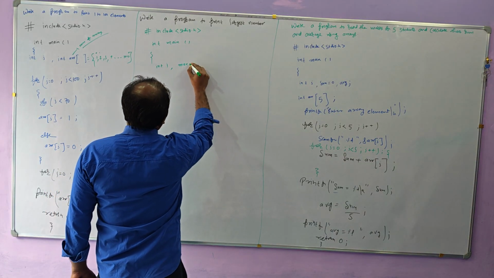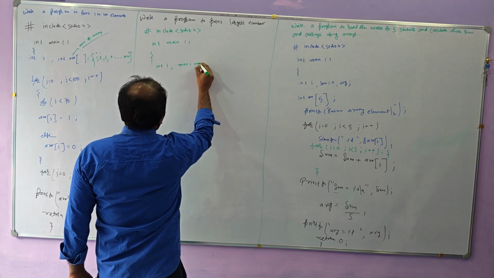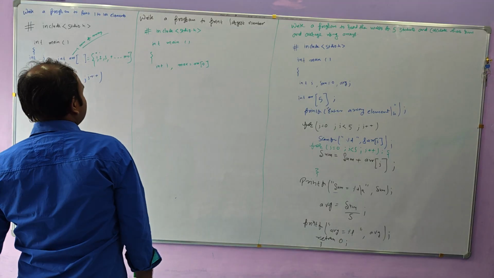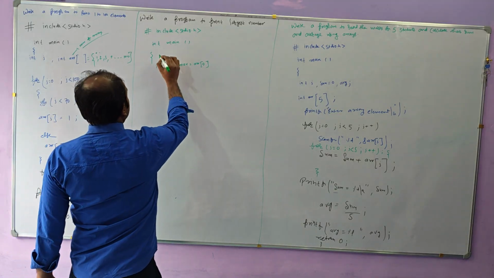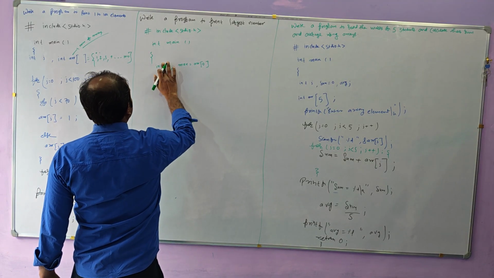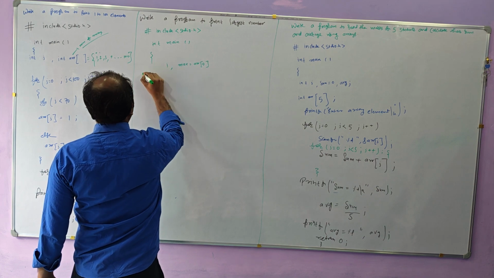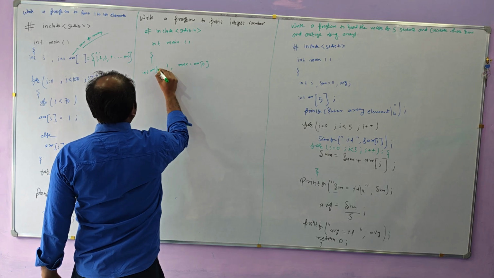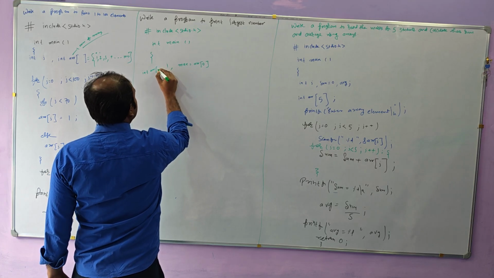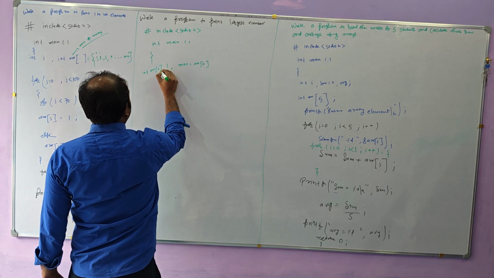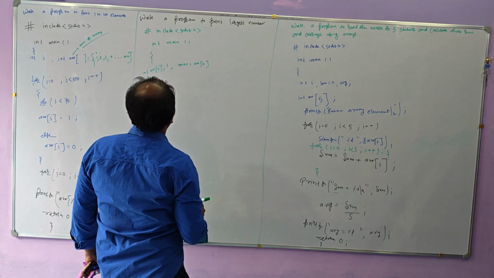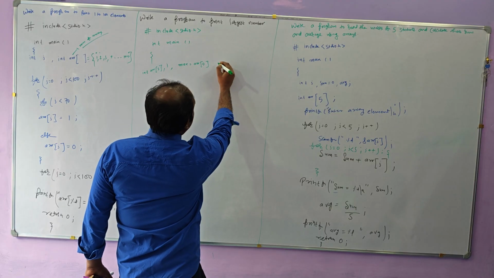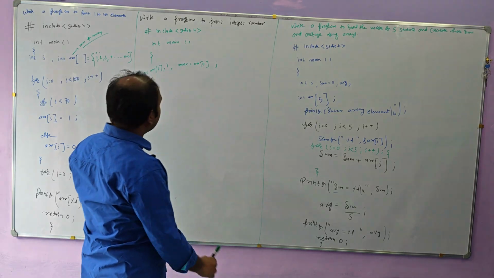Suppose max is equal to AR of 0, and we also take int AR of 5. I, max is equal to 0, and anything else? No. Well, that's it.